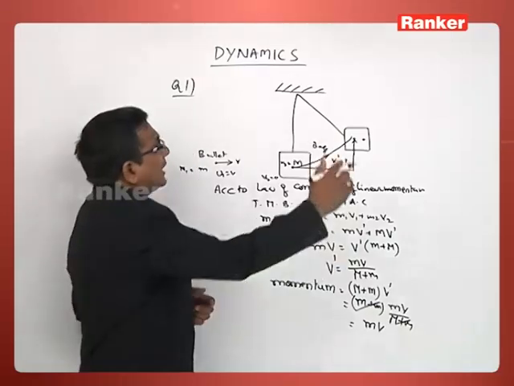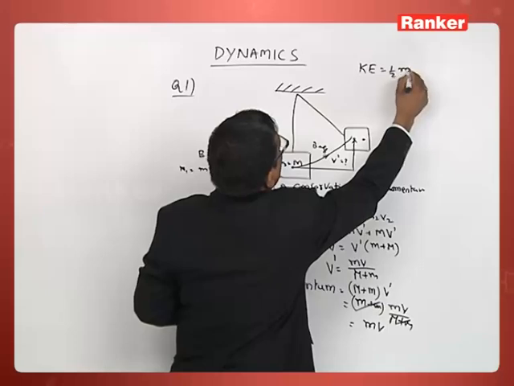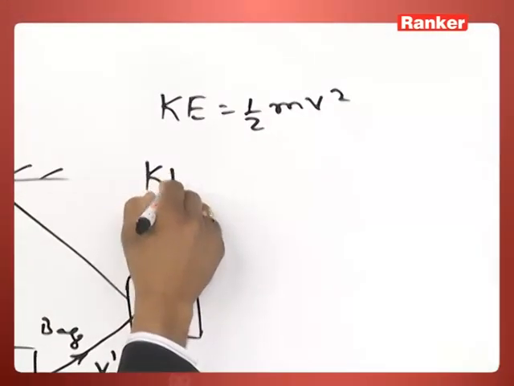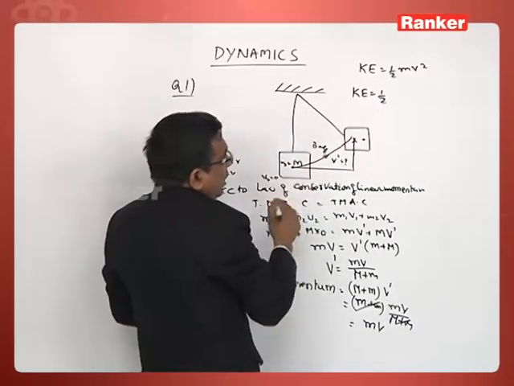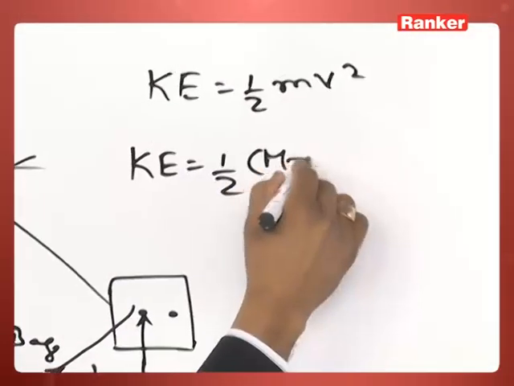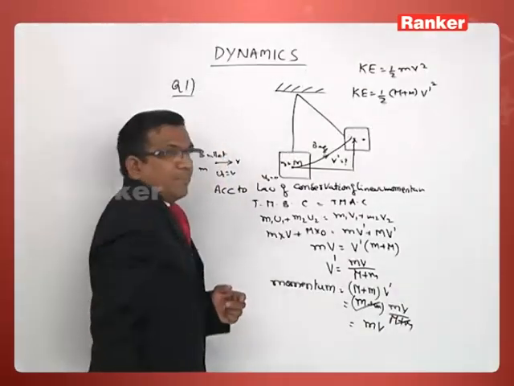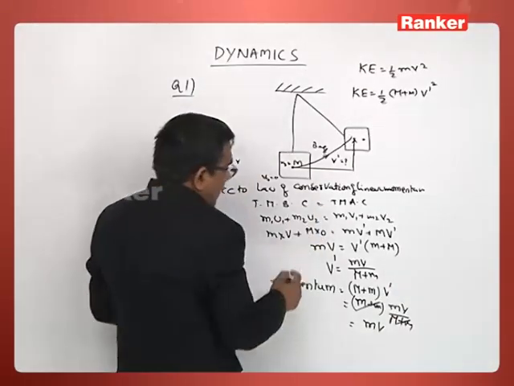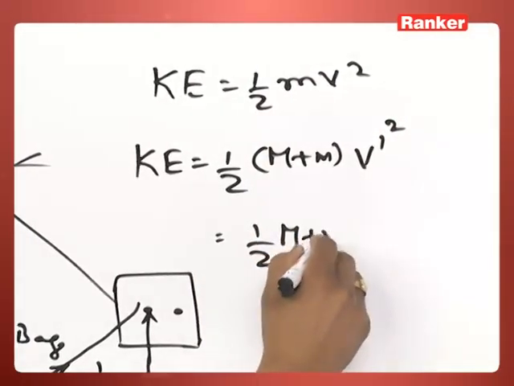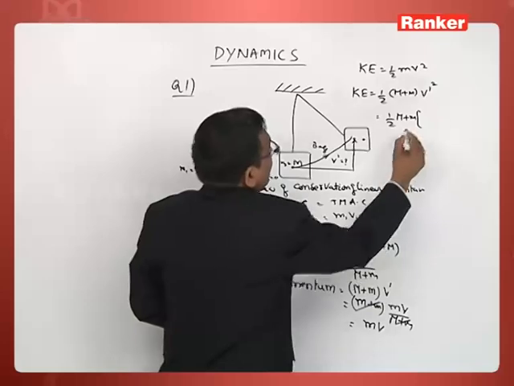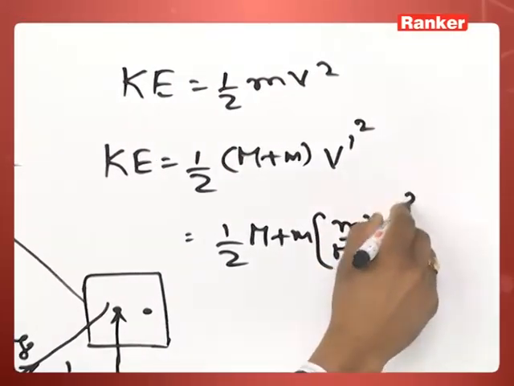Kinetic energy is half mv square. Here both are moving together, therefore the total mass of the system is m plus M, moving with velocity v prime. Substituting the v prime value, half (m plus M) into (mv by (m plus M)) whole square.